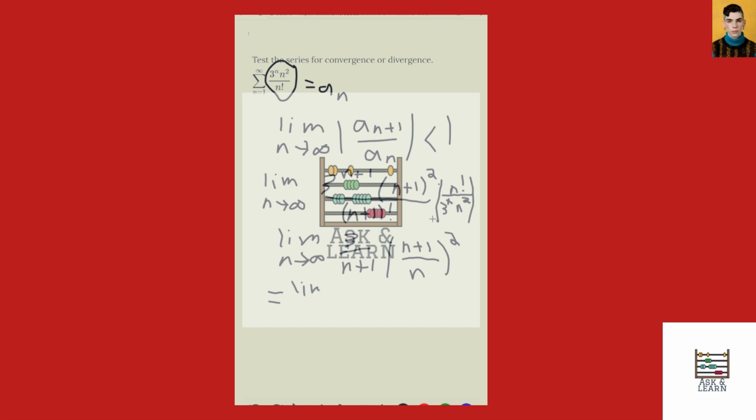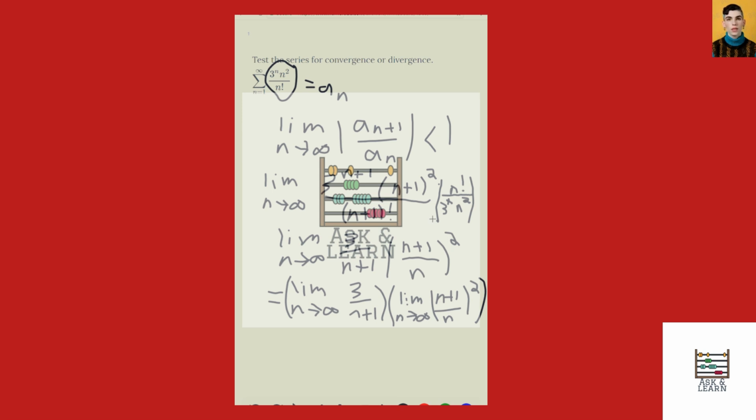Okay, and if it isn't clear what this limit is, you can split it up like this. This is something we're allowed to do as long as we don't split it up into something that puts us in indeterminate form.